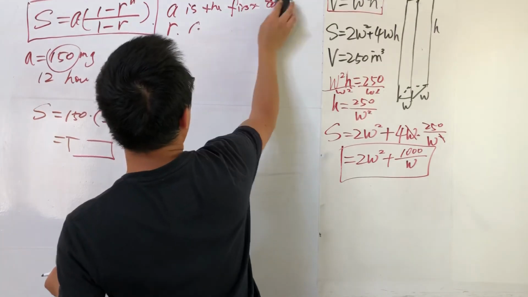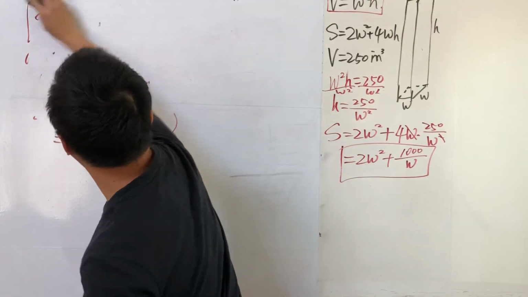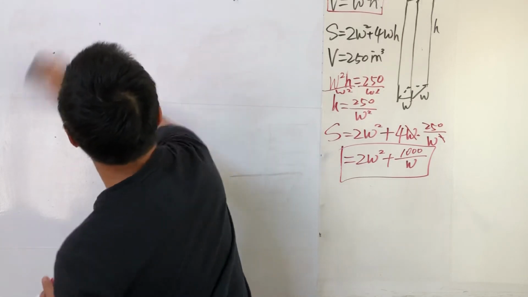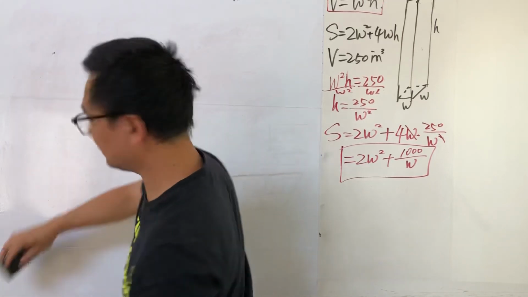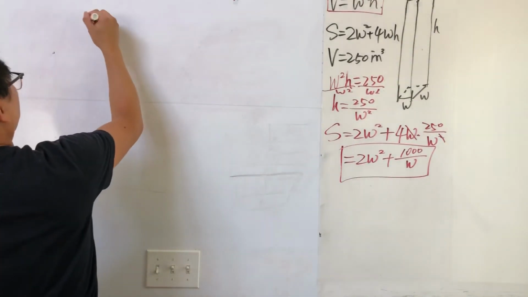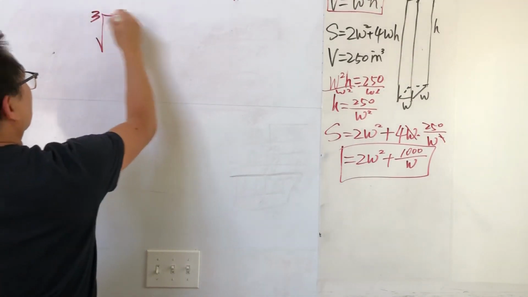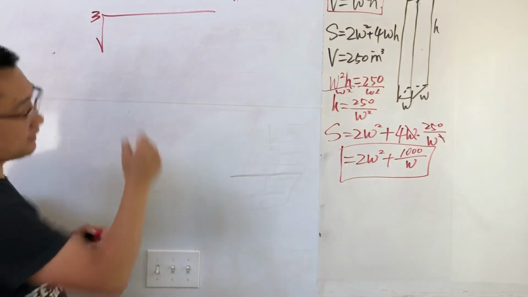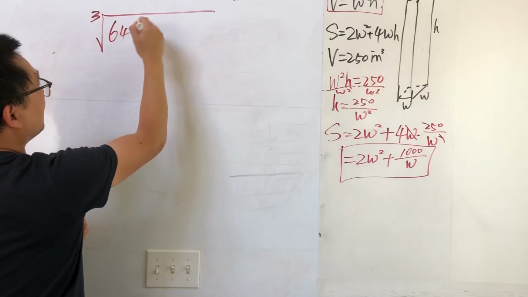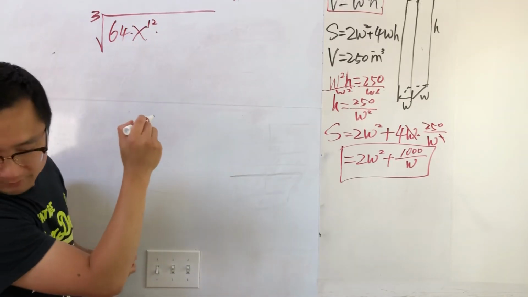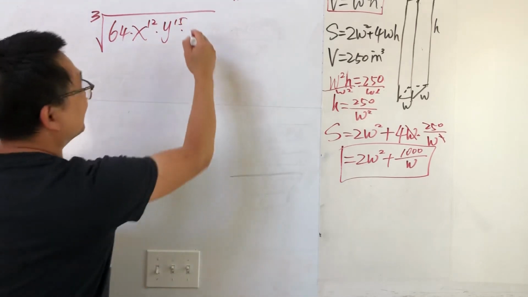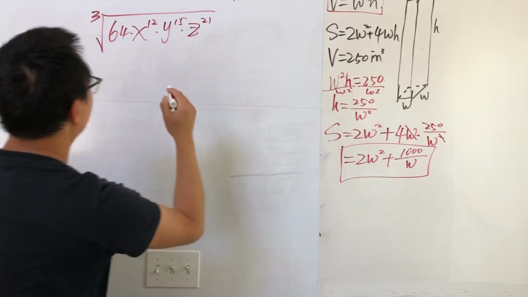So last, I want to show you how to do a simplified expression about exponential properties. I just want to do one example. If I have the cubic root of 64 times x to the 12 times y to the 15 times z to the 21, how can we do this one?